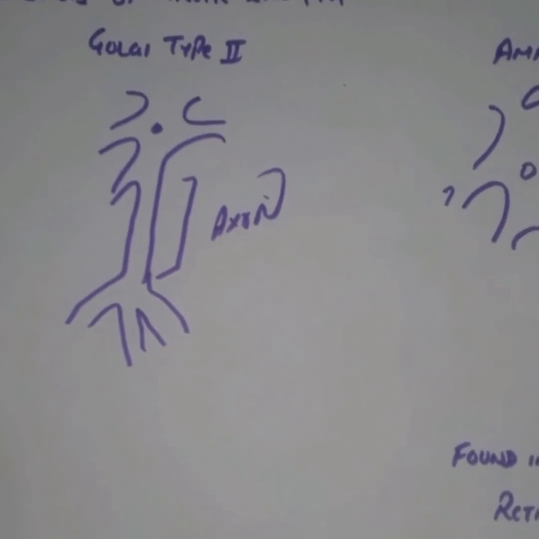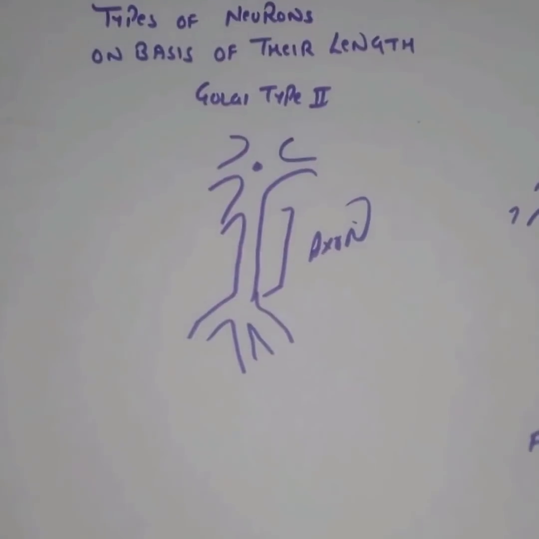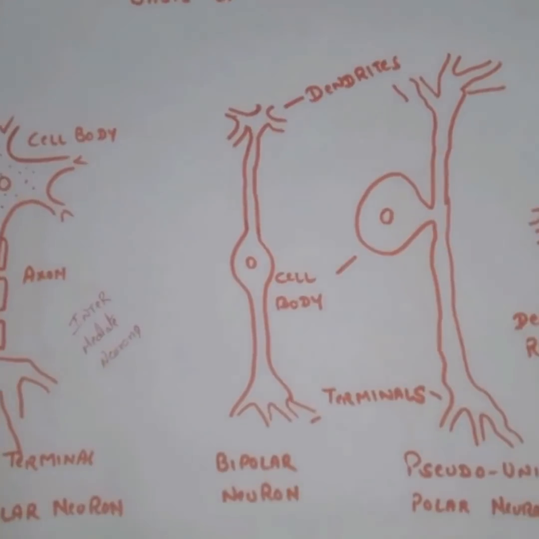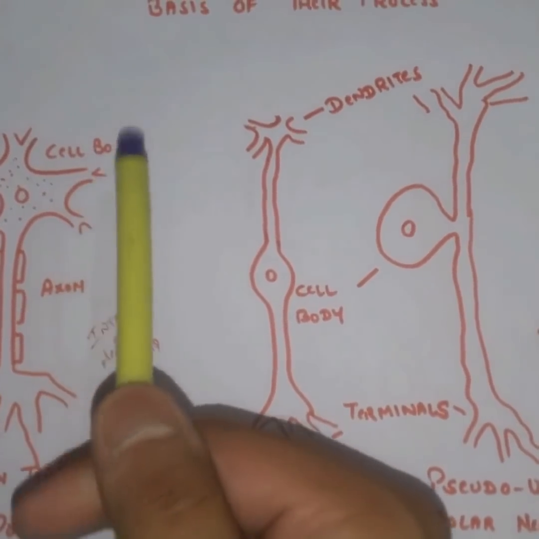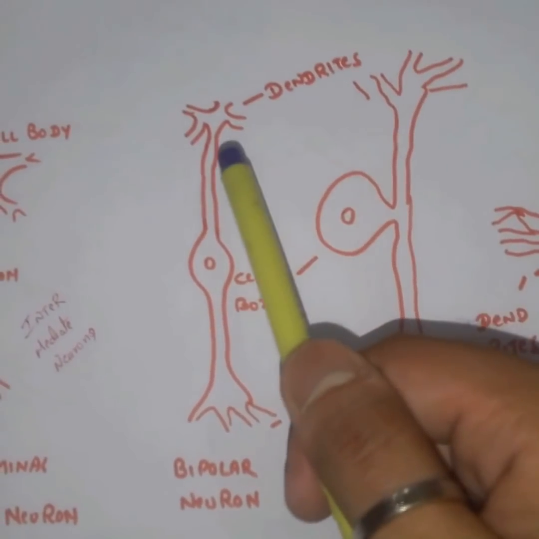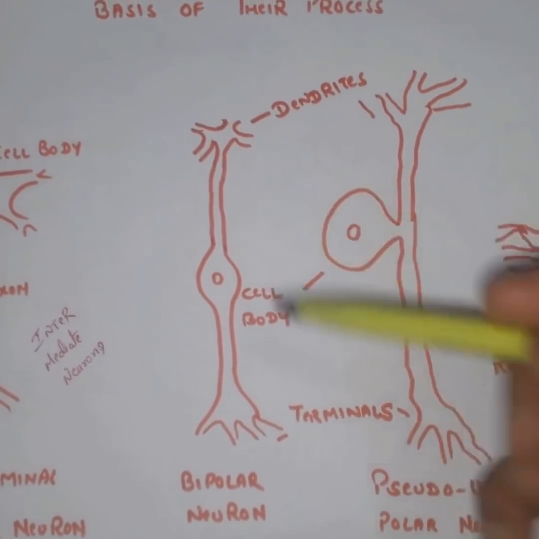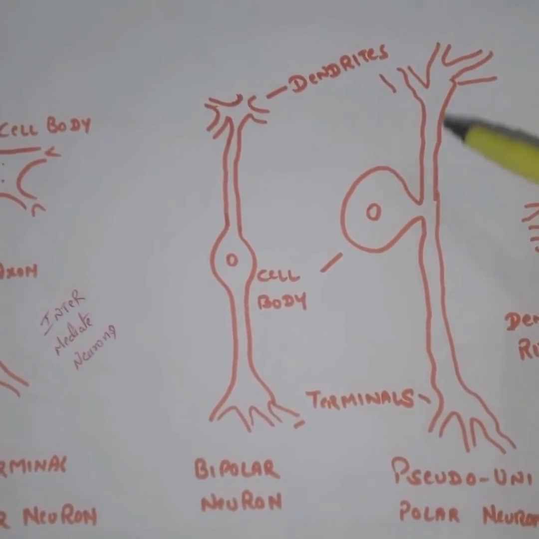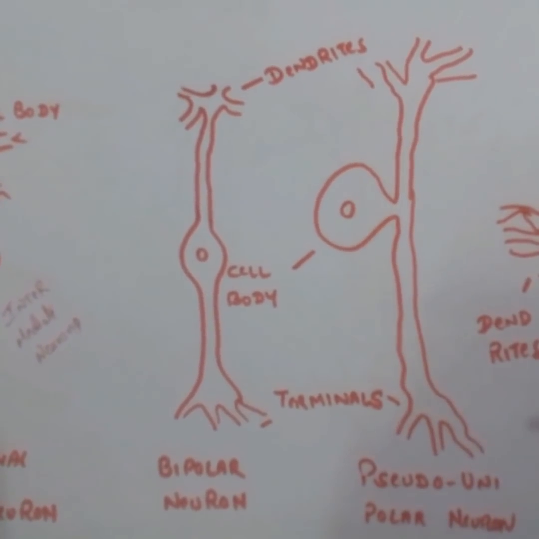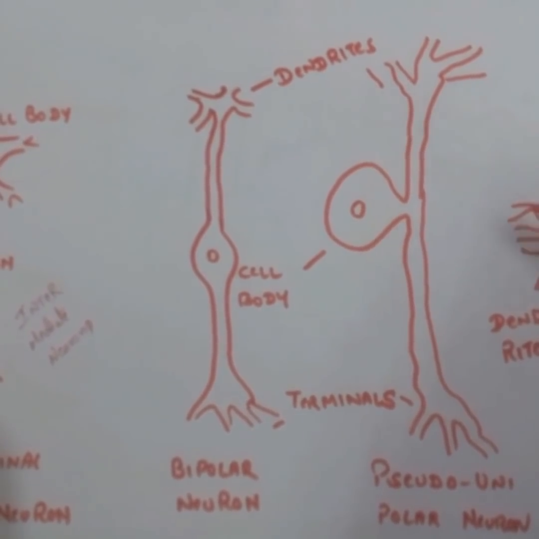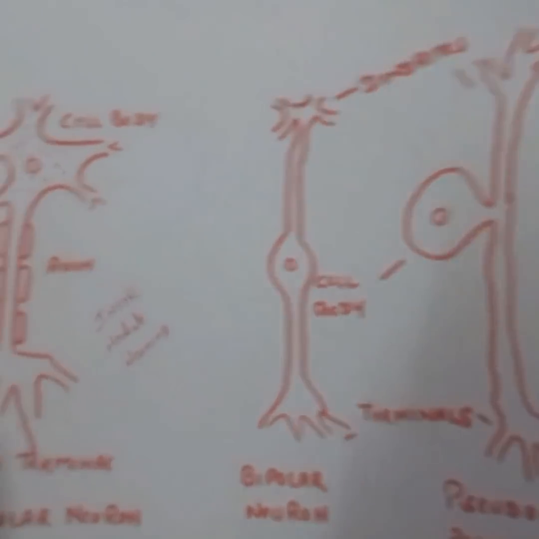So friends, in this video we have studied the different types of neurons on the basis of their processes. These are the multipolar neurons, with a single cell body, single axon and axon terminal and many dendrites, whereas a bipolar neuron has two extensions, dendrites and axon terminals; a pseudo-unipolar neuron bifurcates its axon in the shape of a T-shaped structure; and a unipolar neuron has a cell body at the top, whereas dendrites are found in the midline.